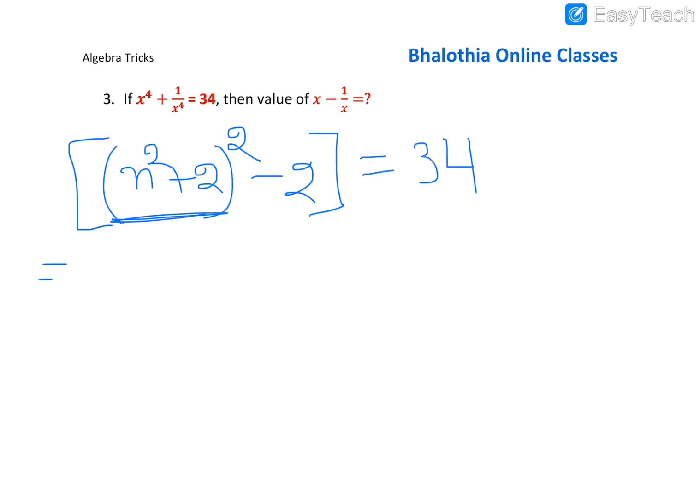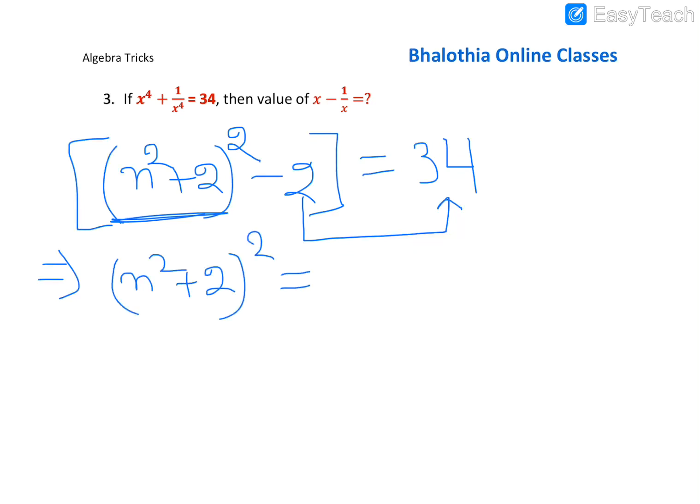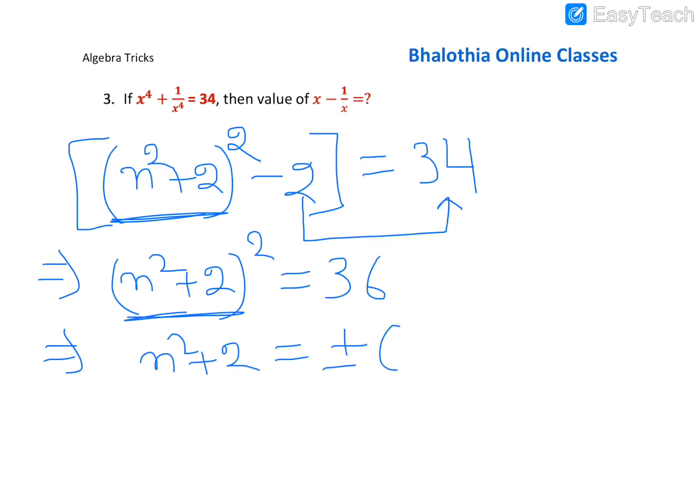Okay, so now we will solve it, and we will just move these 2 on the right hand side, and it will become plus. So n square plus 2 raised to the power 2 will become 36, right? So if you will take under root on both the sides, what it will become? n square plus 2 equal to plus or minus 6, right?